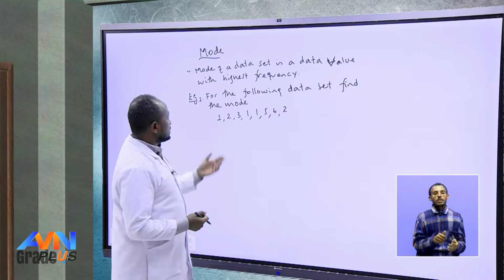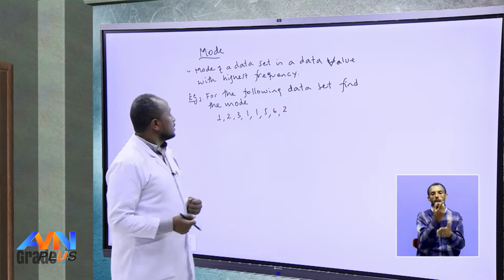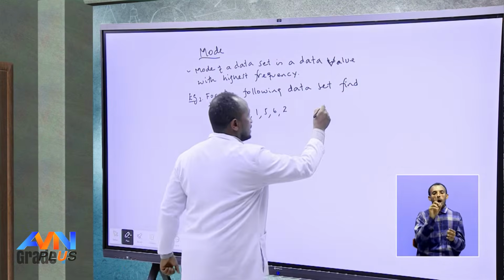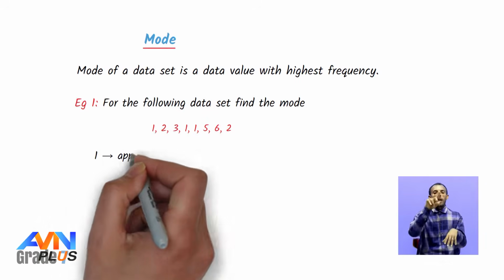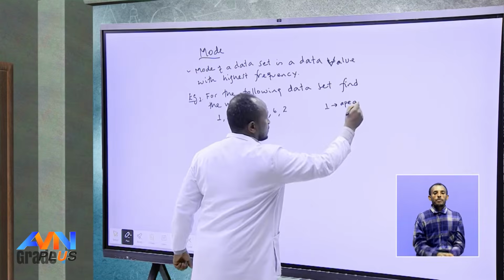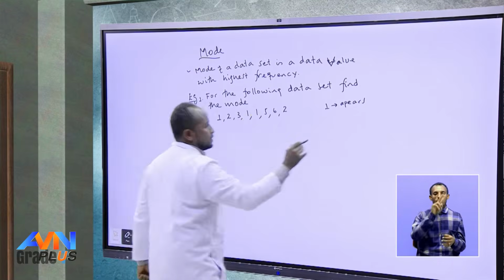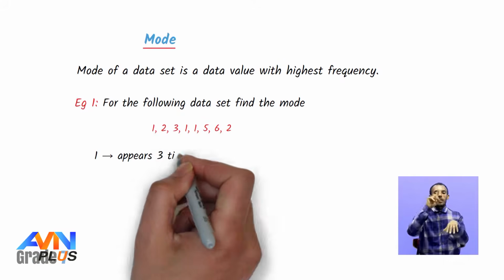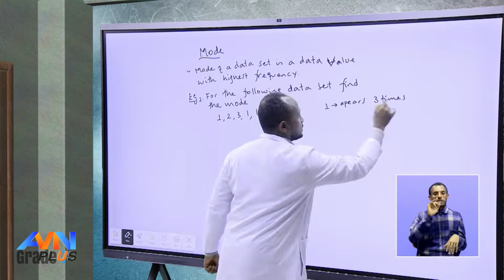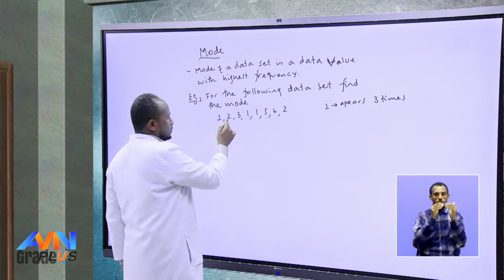Let's see each value. How many times does 1 appear? The frequency of 1: 1, 2, 3. It appears 3 times. Its frequency is 3.